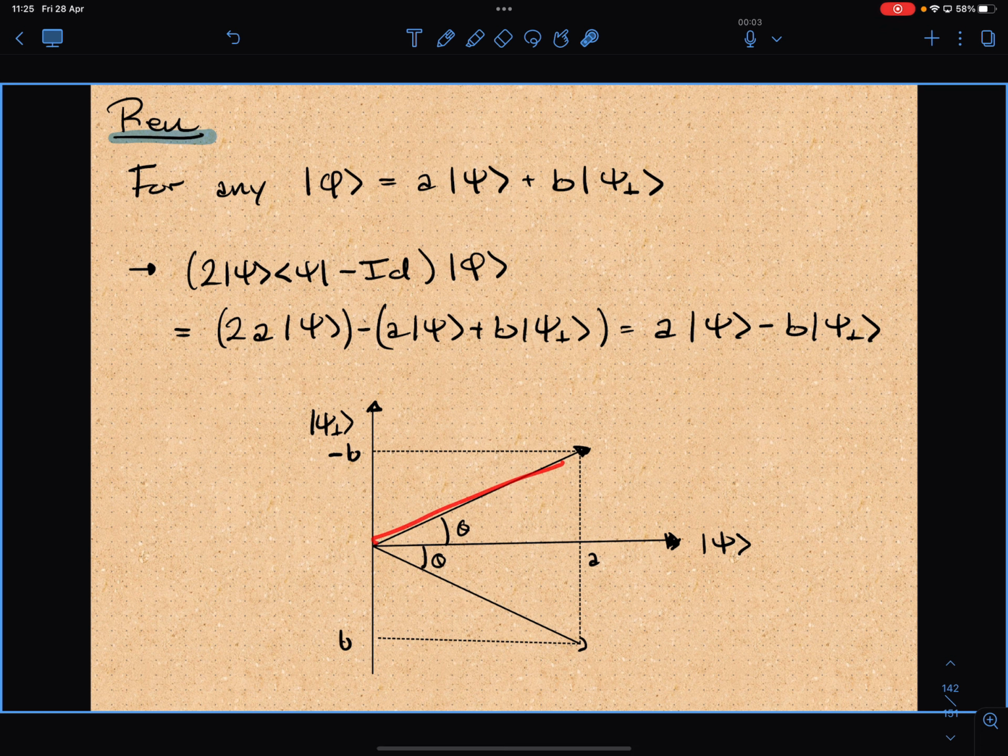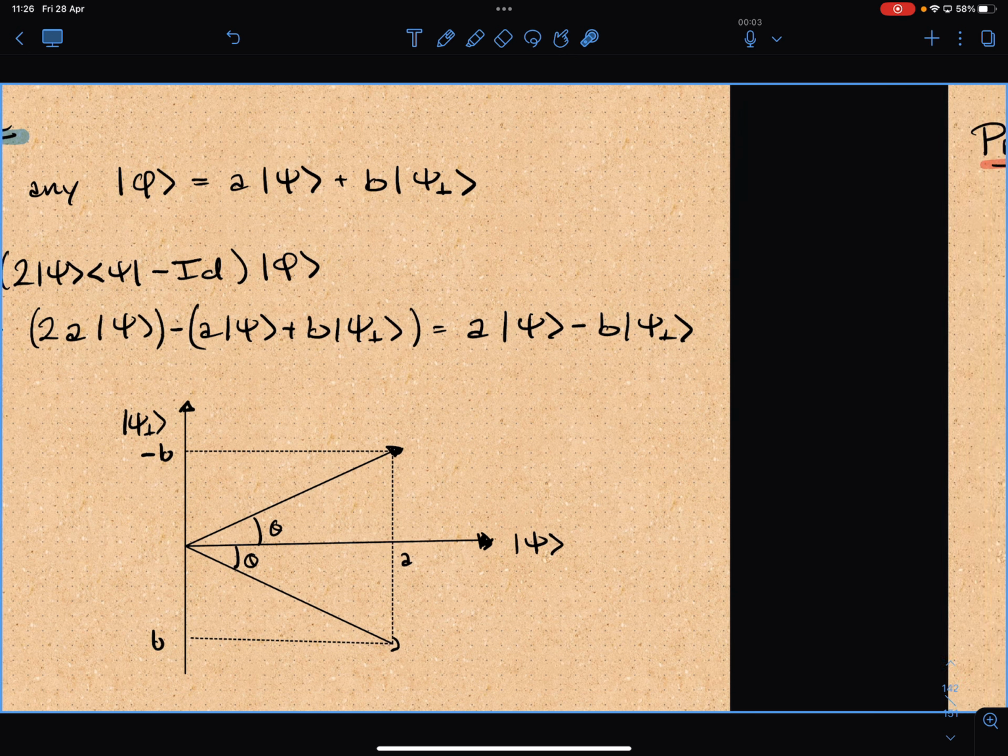So this is going to be flipped over the psi vector. If we sandwich the phase operator by 2 Hadamard gates, we're going to be reflecting about this vector. This is going to be the only difference, or so I claim.